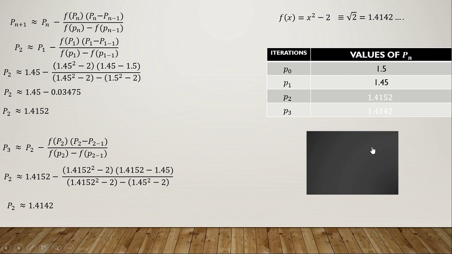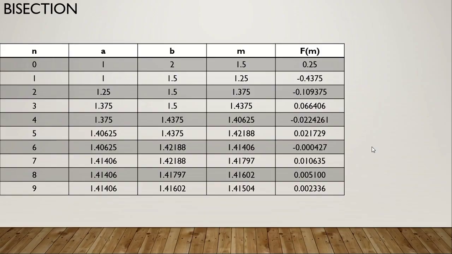So these are the 3 types of methods that you can use to find solutions to equations in one variable. And as we can see, for bisection, we needed to have this table, and we needed to go to the 6th iteration, 1.41406.